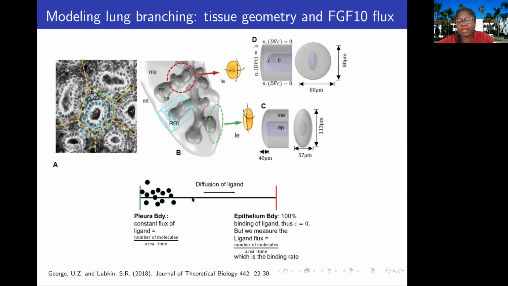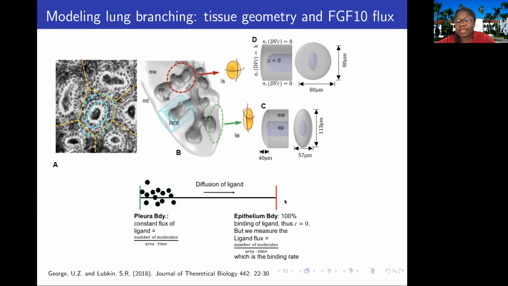Now, when we release the molecules, in our 3D model shown in D and C, we now look at what happens at the epithelium boundary. We assume that there's 100% binding. In other words, when it gets to the epithelium, it's actually consumed.